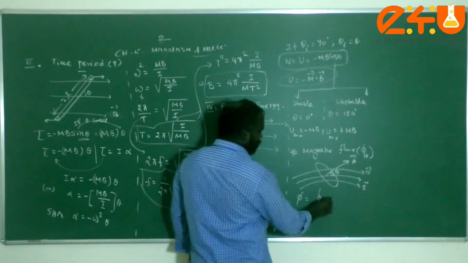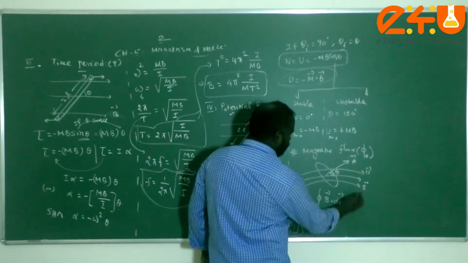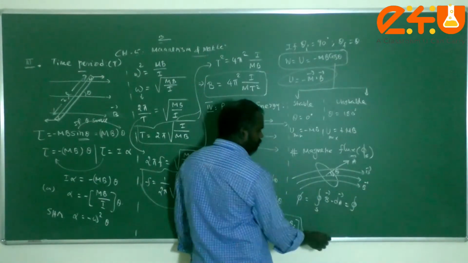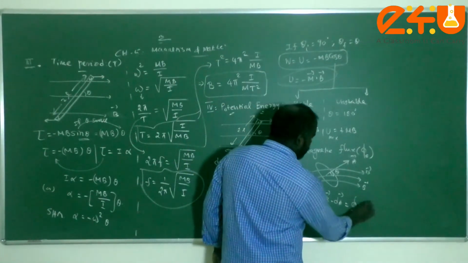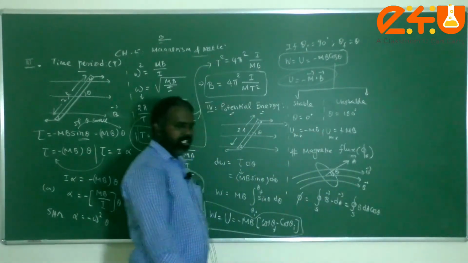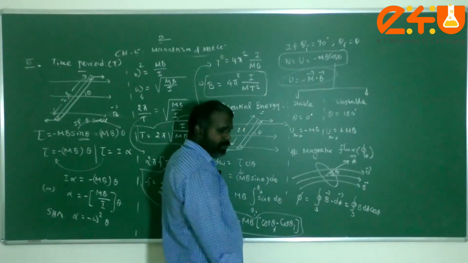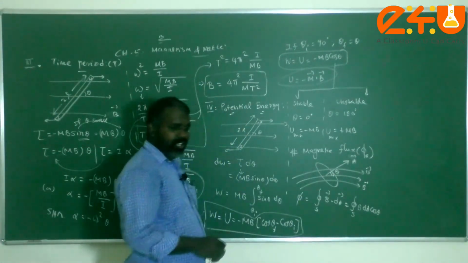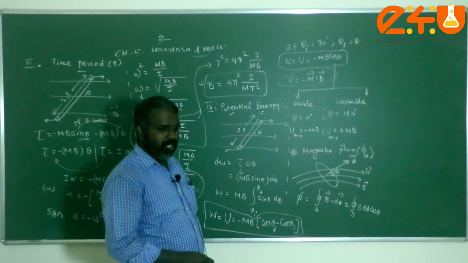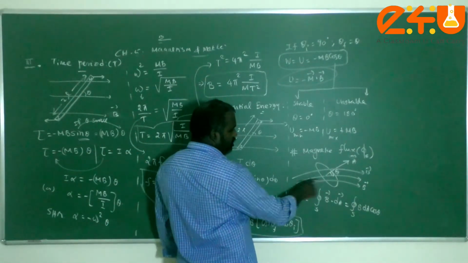So the surface integral of B dot dA vector, or in scalar form we can write that as B dA cos theta. So here also, as we discussed there, the outward flux will be negative and the inward flux will be positive.